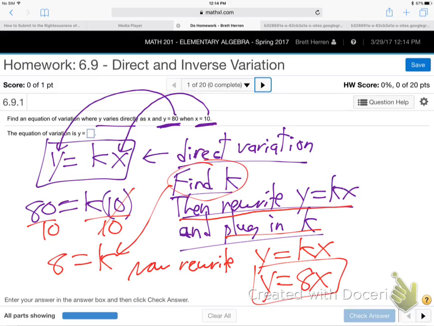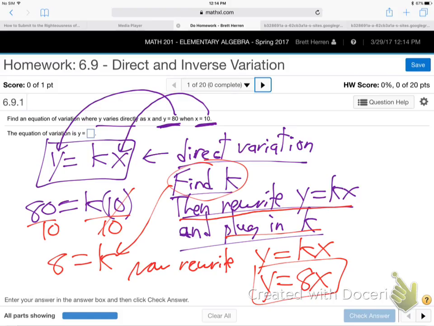We'll talk about what that means. In a few minutes, we'll get to real life word problems. But for now, let me just give you the steps. So, what do we learn? On the exam we take Monday, there'll be at least two of these. One problem will say direct variation. The other one will say inverse variation.